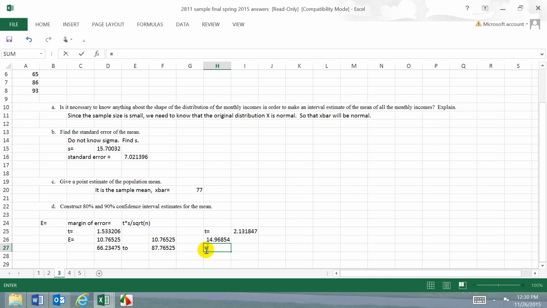And therefore, the confidence interval is 77 minus the margin of error to 77 plus the margin of error.